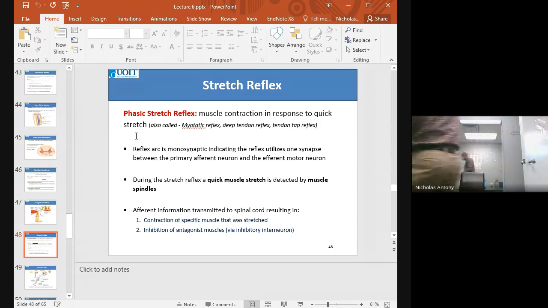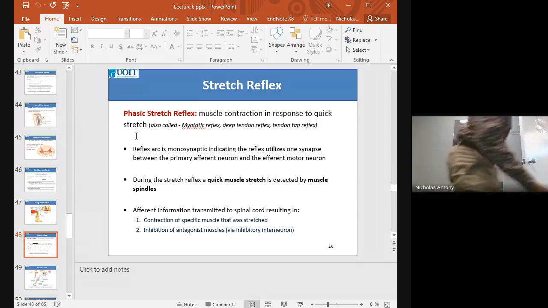I don't know what term it's in. I thought it was in the. Sorry, guys, I'm just getting my reflex hammer.